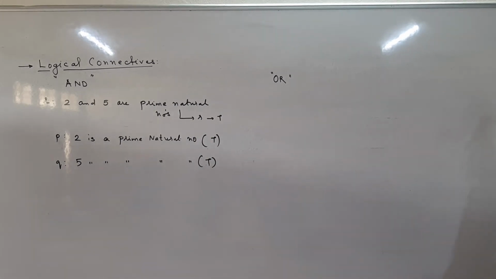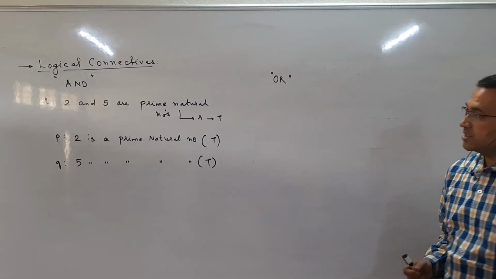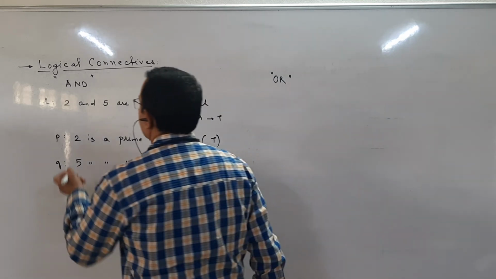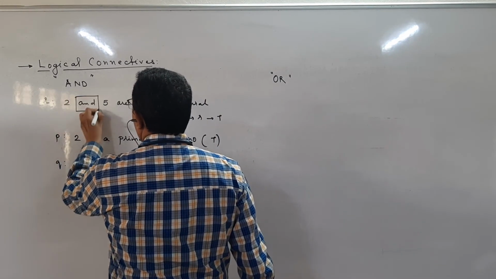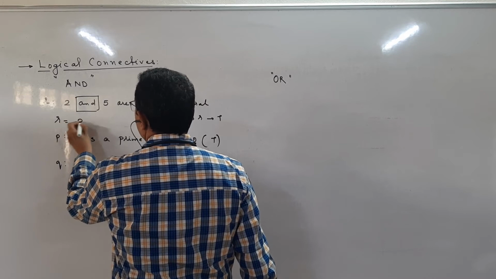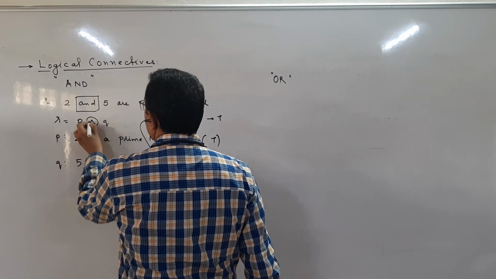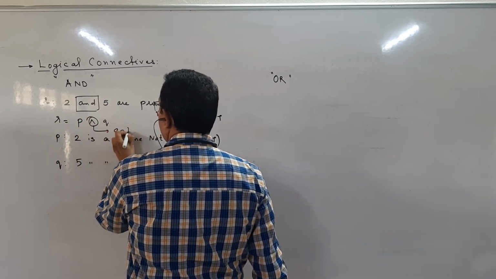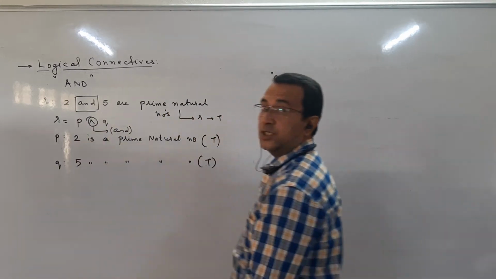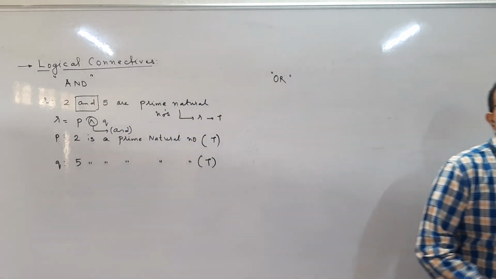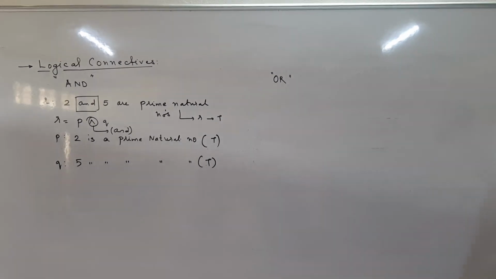Now students, in logic, we usually have two logical connectives. First is "and" and second is "or". So R is written as P ∧ Q, and this symbol, the inverted V, students, is read as "and".